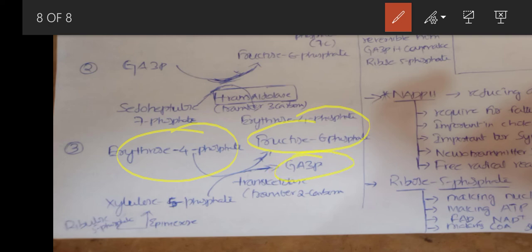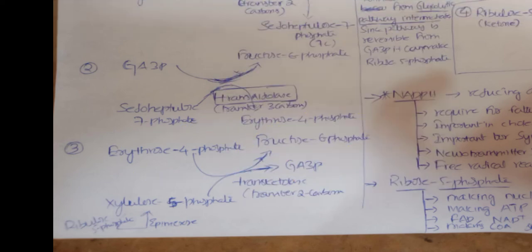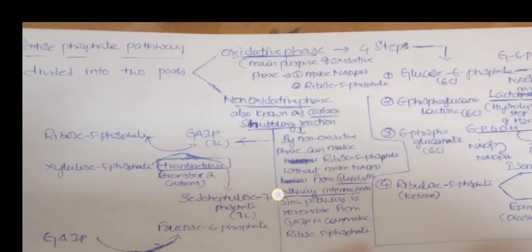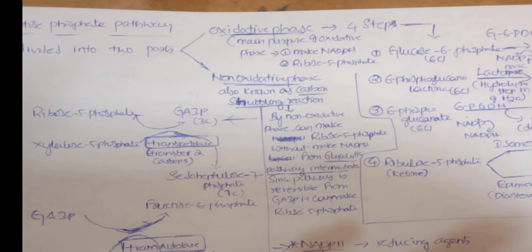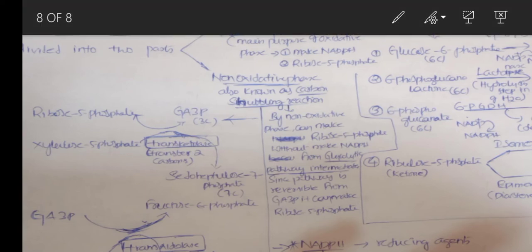Remember guys, very important thing, see here, in the oxidative phase, it will make ribose 5-phosphate with the help of NADPH. Here it will make ribose 5-phosphate without making NADPH. So from where? Actually from the glyceraldehyde 3-phosphate. Glyceraldehyde 3-phosphate is an intermediate in the glycolysis pathway.